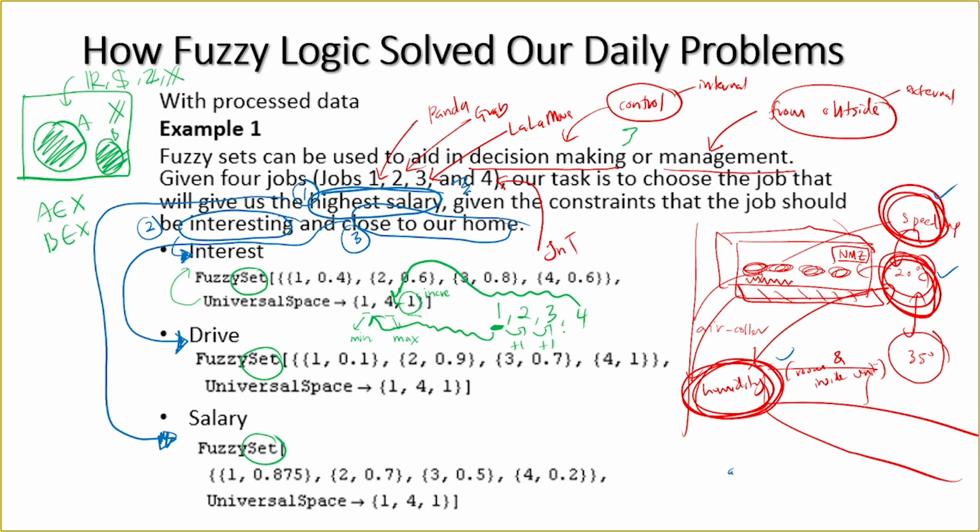So 1 is the starting point, 4 is the ending point, and 1 is the increment. So meaning we have 1, we have 2, we have 3, we have 4, right? The same as this one too: 1, 2, 3, 4, and 1, 2, 3, 4 over here based on this.